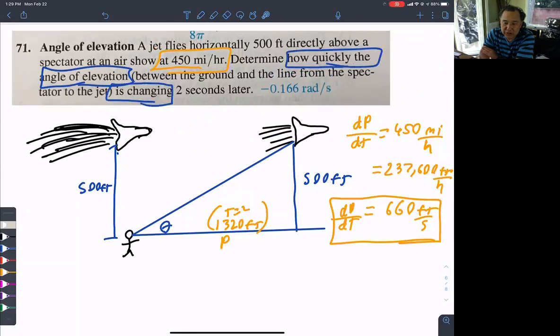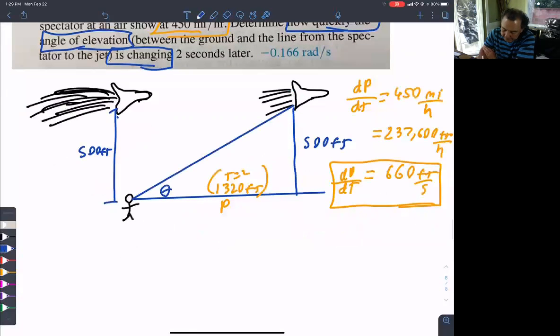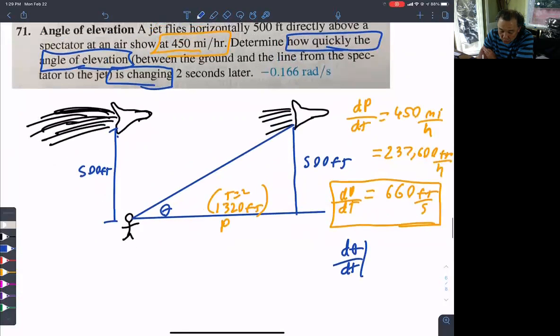The angle of elevation is from ground level up to the plane. That's the angle of elevation. They want to know how fast theta is changing. So they want d theta dt when t is 2, and that's a question mark.